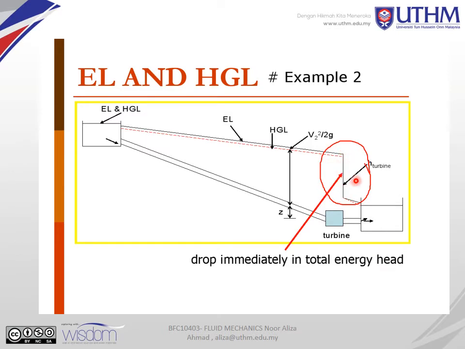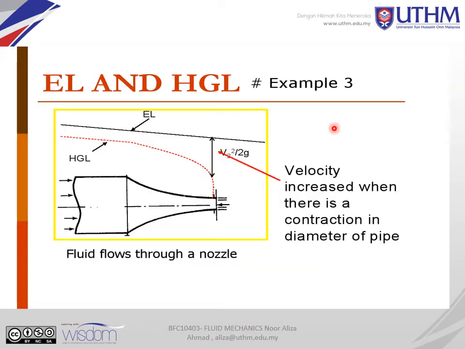This is called the H turbine, the head loss of the turbine. So you sketch the EL and the HGL like this when you have a figure of two tanks.